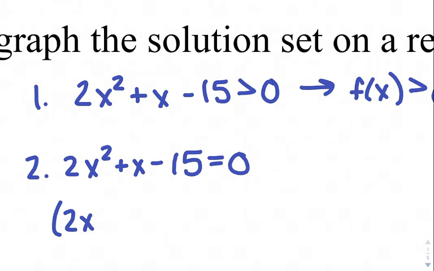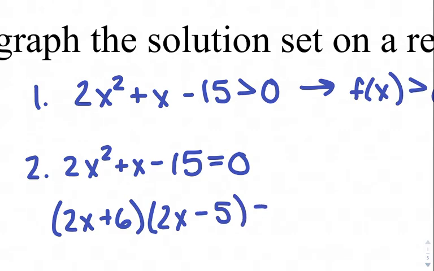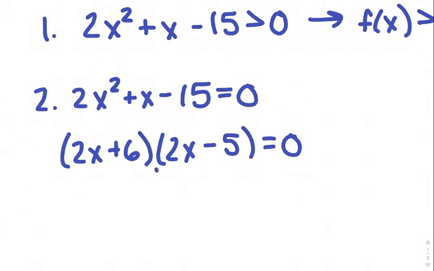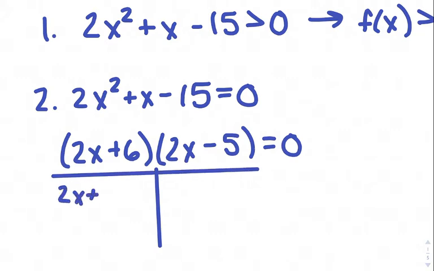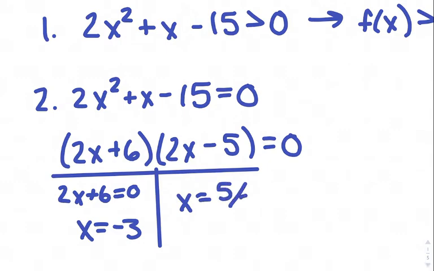So I get 2x plus 6 and 2x minus 5 equals 0. I can set each factor equal to 0, and I get 2x plus 6 equals 0, which means x equals negative 3, and then x equals 5 over 2. So those are my two boundary points.